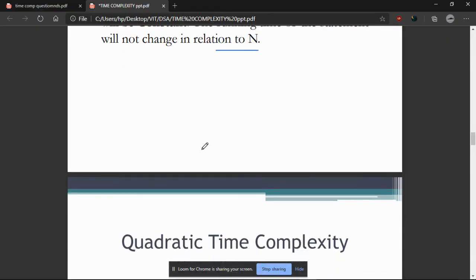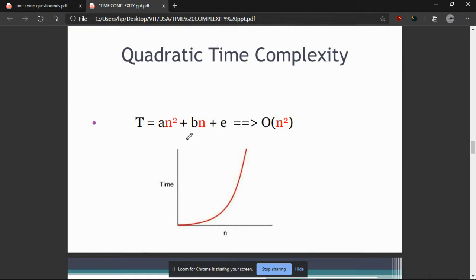Now for the next one, we have quadratic time complexity. For this quadratic time complexity, we see that the graph is between time and input n, and after some time, it is almost the same here and increases a little bit here, and after this point, it increases sharply.